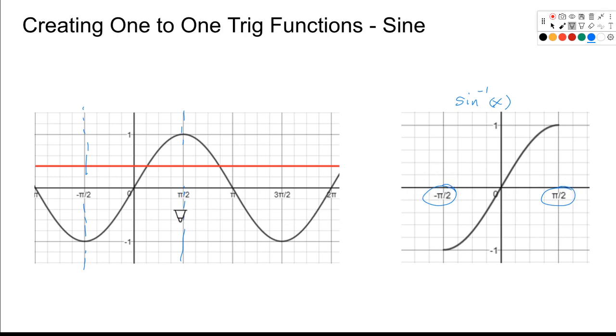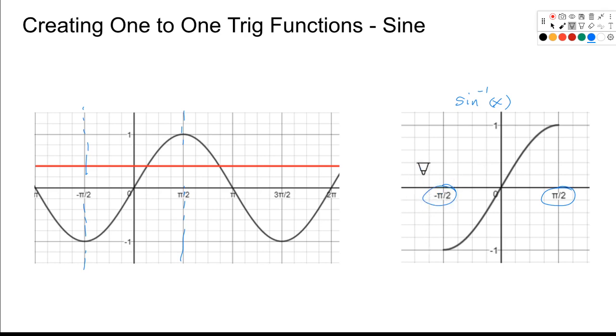Usually, going around, the label here would be 3 pi over 2, right? But going backwards, we're going to call it negative pi over 2.